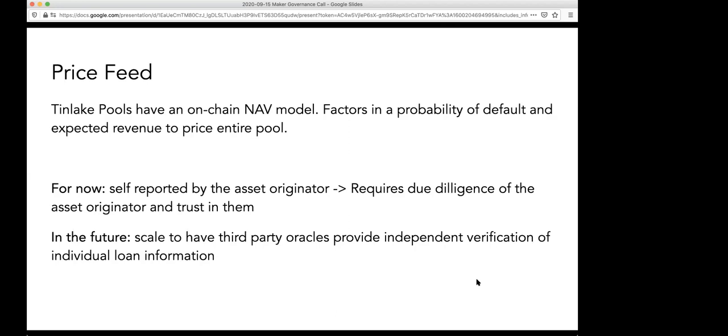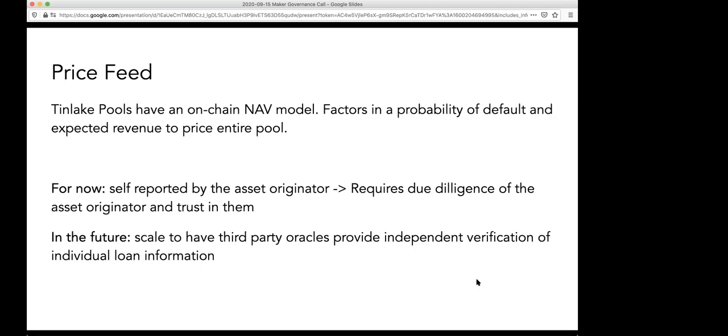NAV is just net asset value, which means it tries to determine the current value of all of the assets in this pool. It takes into account factors like probability of default and expected revenue, so interest revenue that is owed by borrowers, and can price the entire pool.